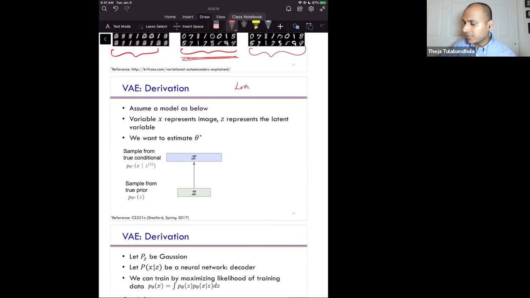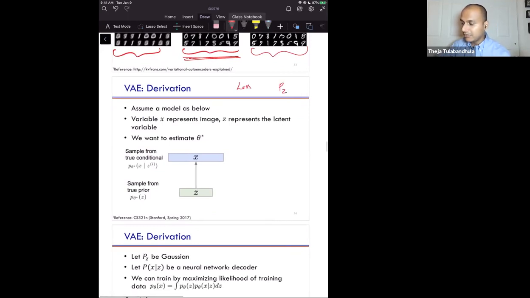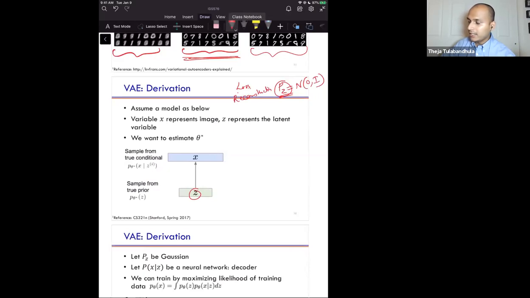So we have introduced an object P of Z, and we prefer that the distribution of Z is actually P of Z, which I also said is normal with zero mean and identity covariance, right? And we also care about reconstruction, and we care that the encoder is such that all the data points map to Z1 to whatever Z100, if there are 100 data points, the Zs should appear as if they are drawn from a Gaussian.